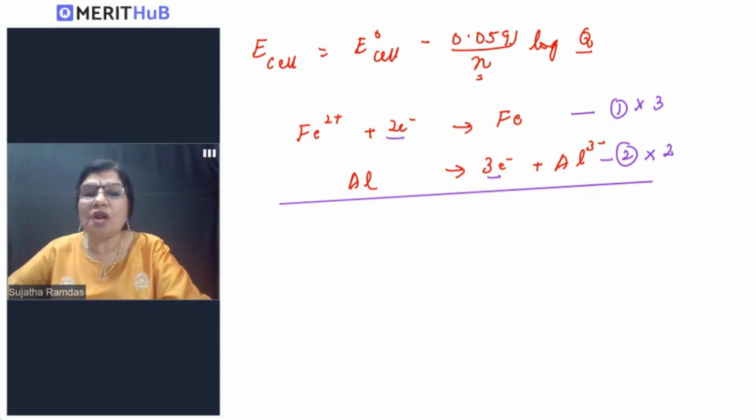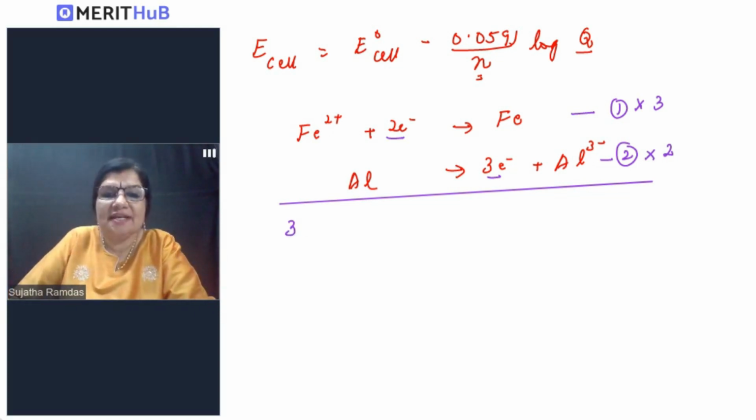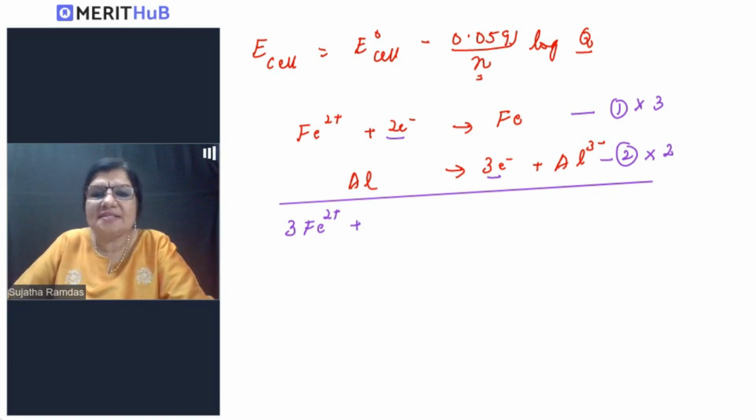So what is the overall redox equation? We get 3Fe2+, the electrons get cancelled out, plus 2Al, giving you 3Fe plus 2Al3+.